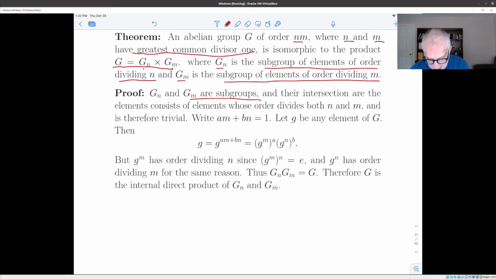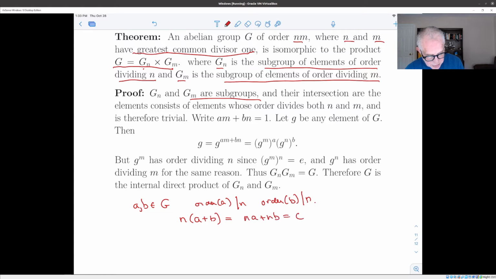So if a and b are in G, and the order of a divides n and the order of b divides n, then it's an abelian group. So if you take a plus b and you multiply it times n, you get na plus nb, which is 0.